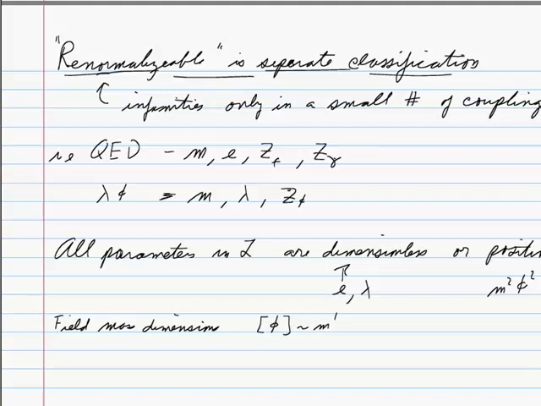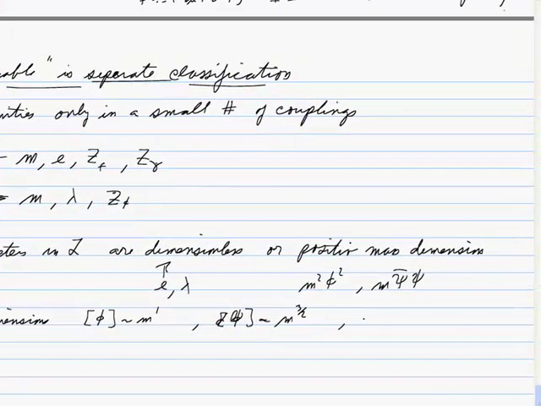If we go back and count, the Lagrangian is mass to the fourth, derivatives are mass to the first, the dimension, this little square bracket is sometimes used for the dimension, of psi goes like m to the 3/2. These also come from commutators. You know, the commutator of phi with d mu phi is a delta function. The mass dimension of A is mass to the 1. Lagrangian goes like mass to the fourth, etc.